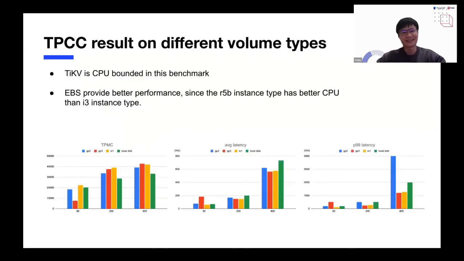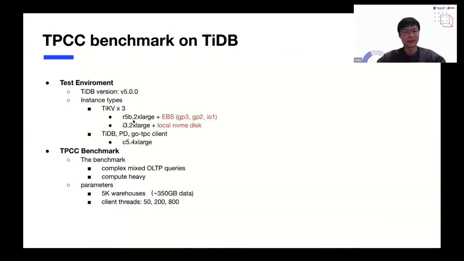So here the comparison is between using R5B plus EBS compared to using i3 with local disk. The i3 has a less powerful CPU, and in this benchmark, TiKV is CPU bound. So as a result, with R5B plus EBS, we have better throughput.